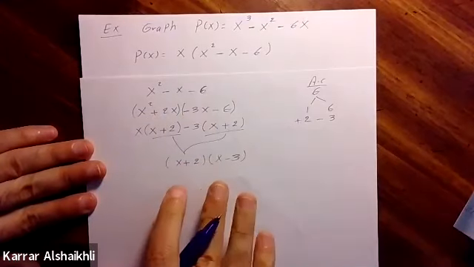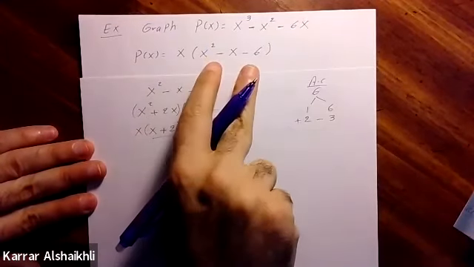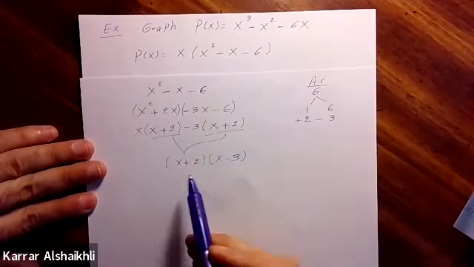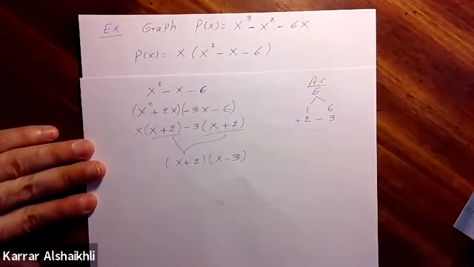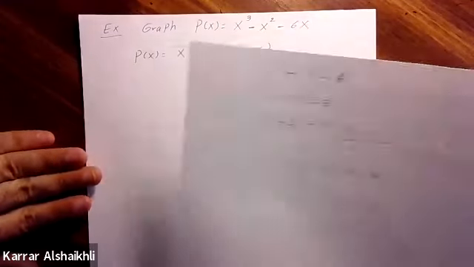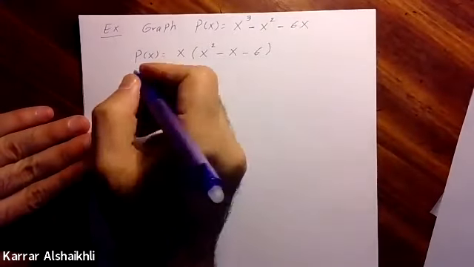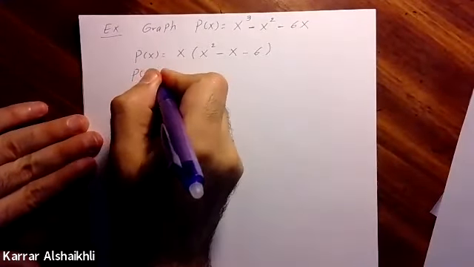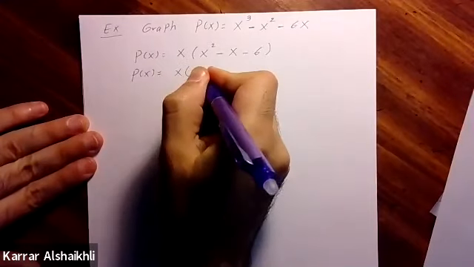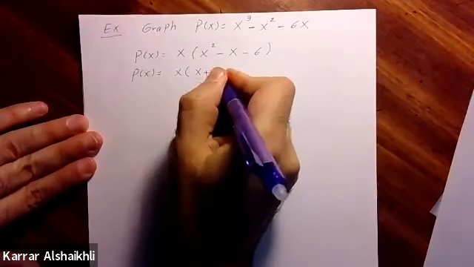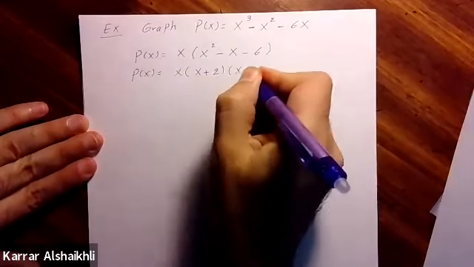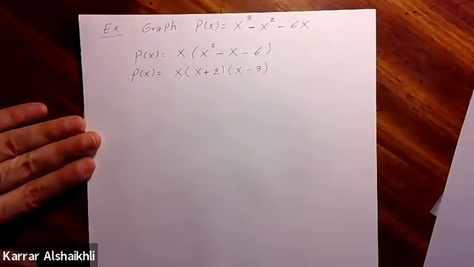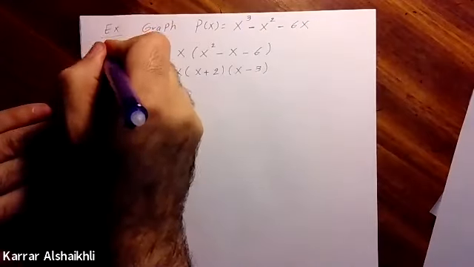So I did these steps here on the side. I'm just going to write down the result here. That means x plus 2, x minus 3. So that means P of x is going to be equal x, x plus 2, and x minus 3. So I finished the first step, which is factoring the polynomial.